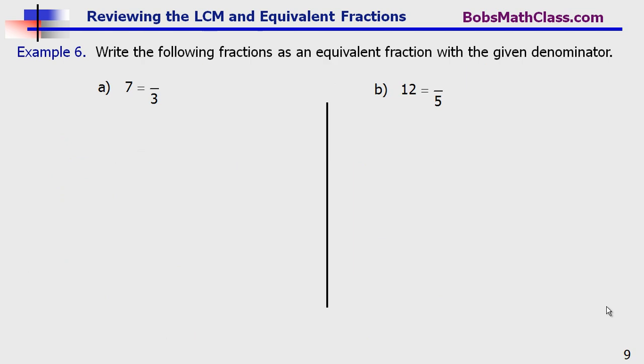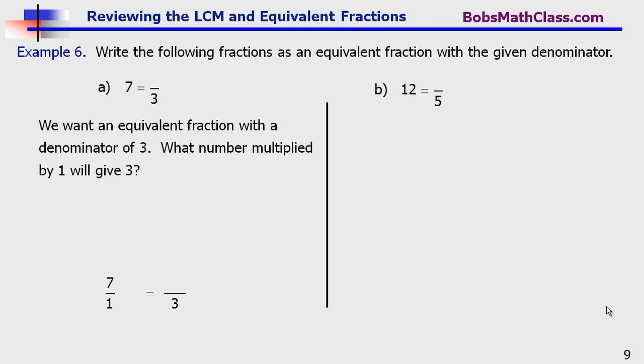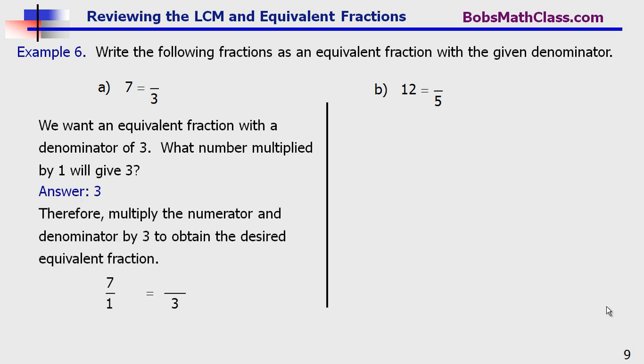Alright, let's move on. This will be our last example in this video. Remember that anytime you have a whole number, you can put a 1 underneath it. So 7 is the same as 7 over 1. So what number multiplied by 1 will give 3? Yeah, that's right, 3. So multiply numerator and denominator by 3 to obtain the desired equivalent fraction.